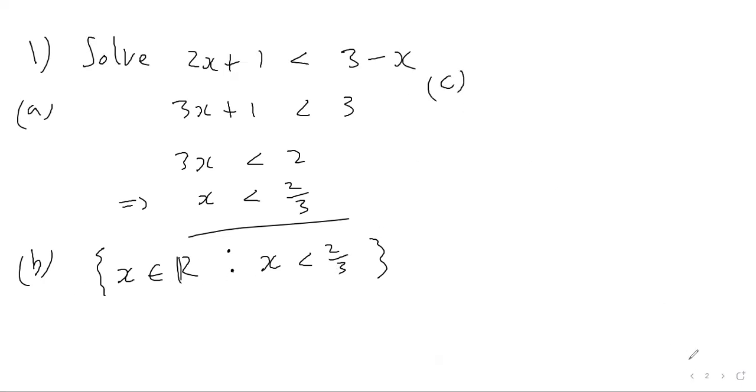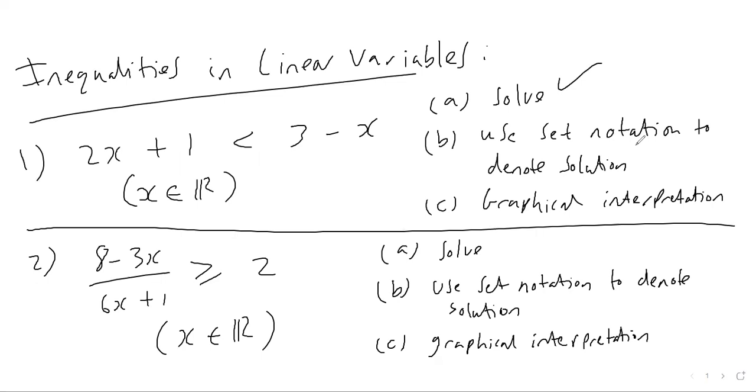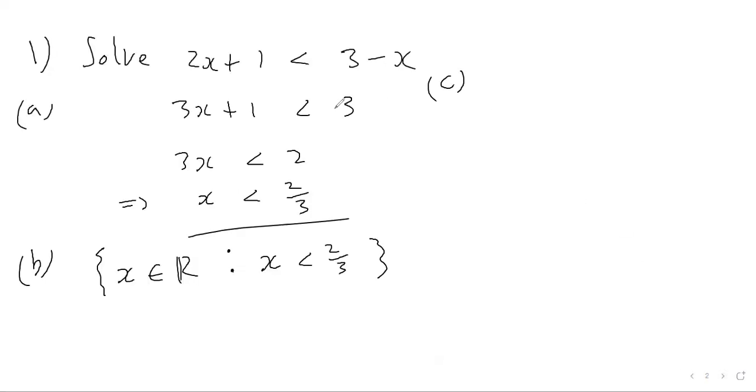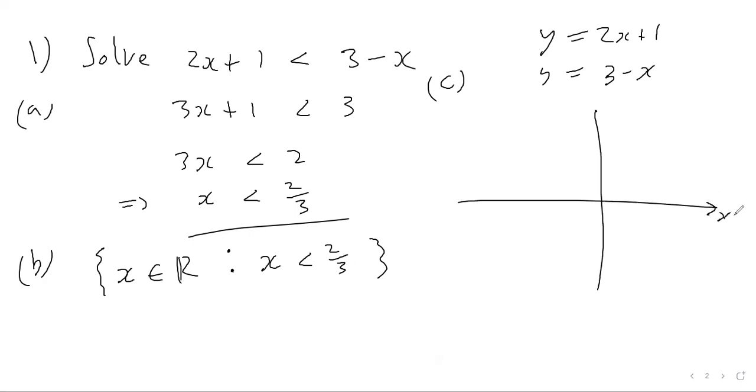And then the graphical interpretation for part C. We've got a left-hand side and a right-hand side, so let's sketch both of those graphs: y equals 2x plus 1, and y equals 3 minus x. We've got an x-axis like this and a y-axis like that. Y equals 2x plus 1 has a y-intercept of 1 and a gradient of 2, so something roughly like that.